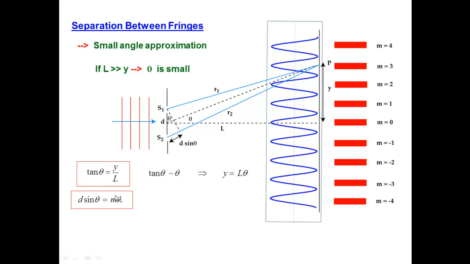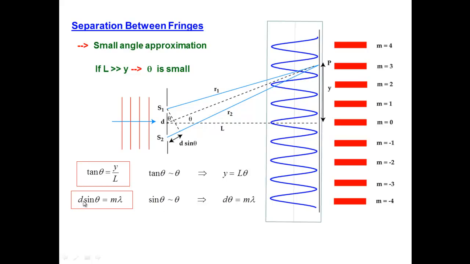Then we can take the expression for the location of the bright fringes for constructive interference, and again, if theta is small, then sine theta is also approximately theta. And both sine and tangent are approximately theta because for small angles, the cosine is very nearly 1. So those two numbers are about the same.